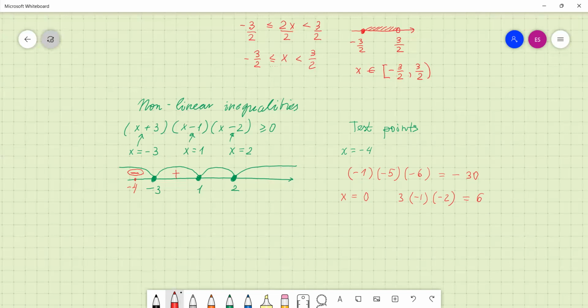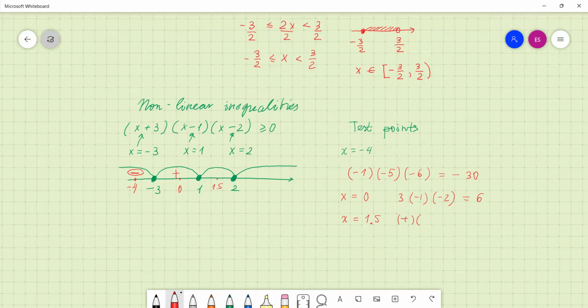And now one more point over here. So I was checking 0 here. One point between 1 and 2. Well, I'm going to check 1.5. Again, you choose any point between 1 and 2 which you think is convenient. For 1.5, guys, I'm not going to calculate the number, actually. I'm just going to imagine. Okay, 1.5 plus 3. Is it positive or negative? Positive. I'm just going to write down plus.